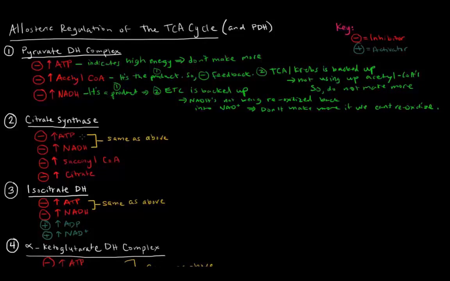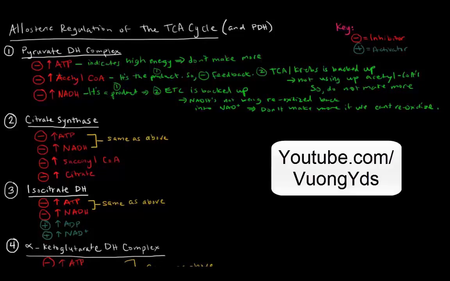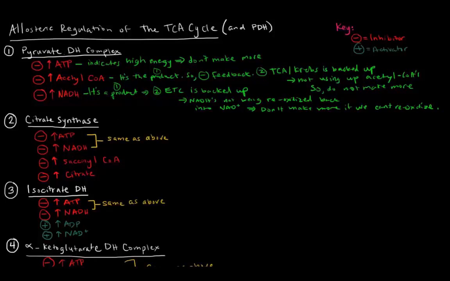They are inhibitors for the same reason that high ATP and high NADH inhibit the pyruvate dehydrogenase complex. One thing I do want to note is that citrate synthase is basically the first committed step of the pathway. So we want to make sure that this is only occurring if we really need it, or if we only want to commit to this pathway.